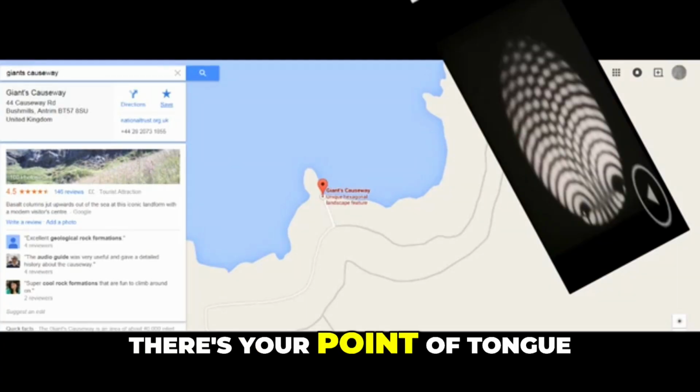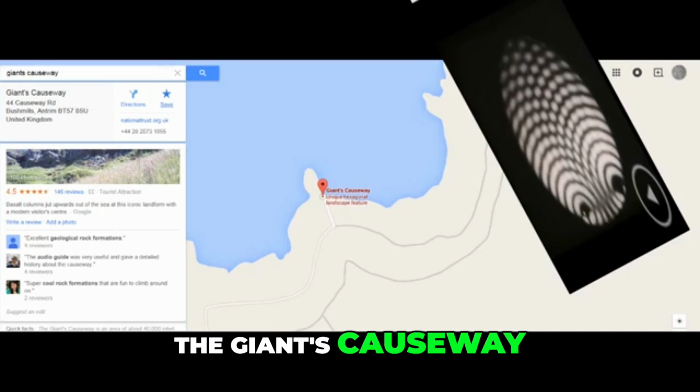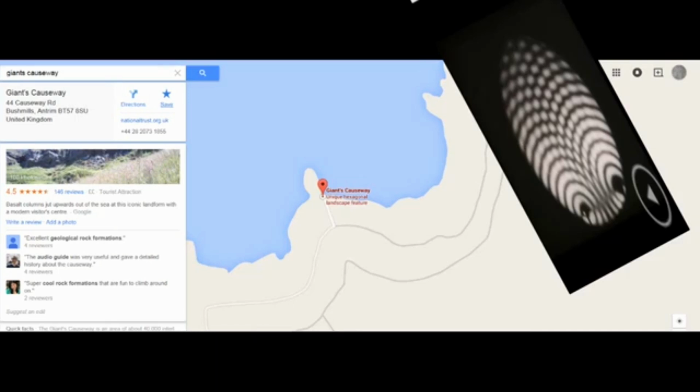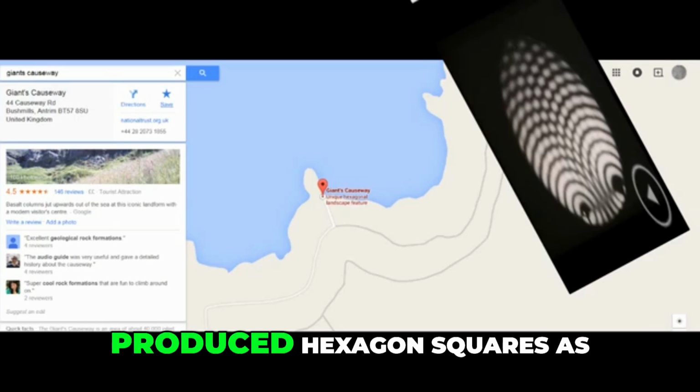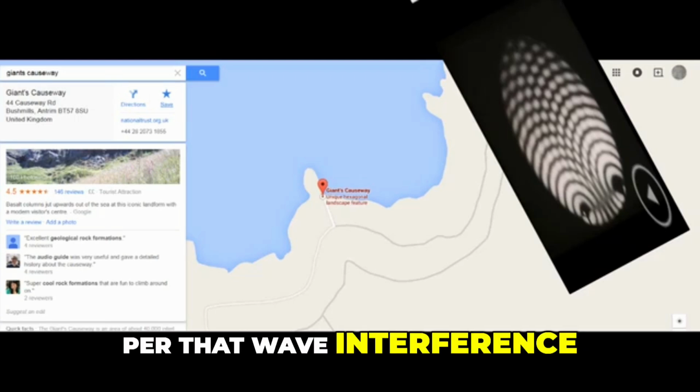So there's your point of tongue, there's your 2 circles either side, there's your vibration points. Thanks very much. The Giant's Causeway was caused by electricity and wave motion by a volcanic eruption which produced hexagon squares as per that wave interference model.